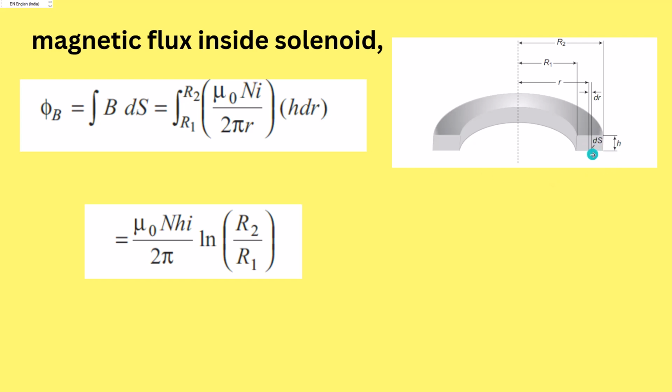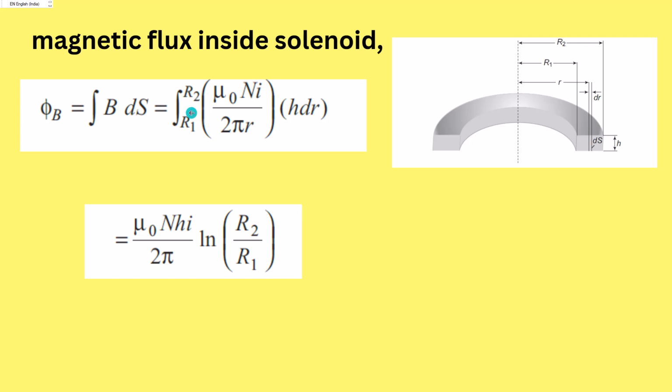This is the dS surface, and the magnetic field at a distance r is mu 0 N i by 2 pi r, and we are going to find the flux linked inside this solenoid. So it is from r1 to r2.